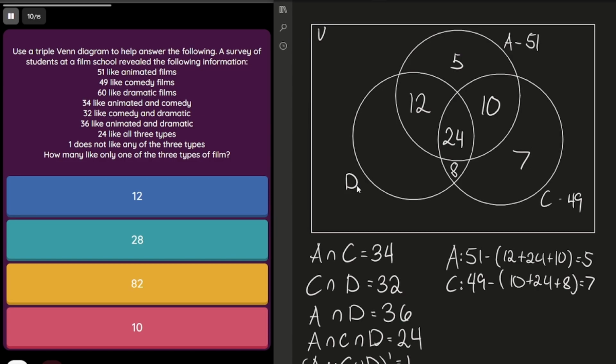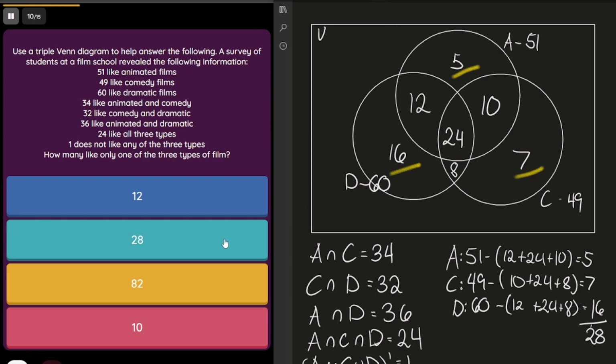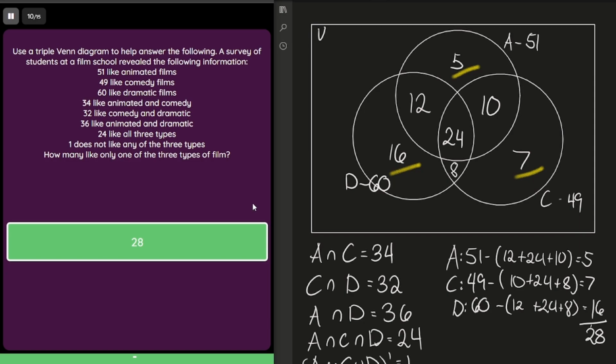The total number who like dramatic films is 60. Take those 60 and take away those who like the other films also. And we get 16. To answer the problem of those who only like one of the three types, take those who like animated only, comedy only, and dramatic only, you would get 28. There you go.